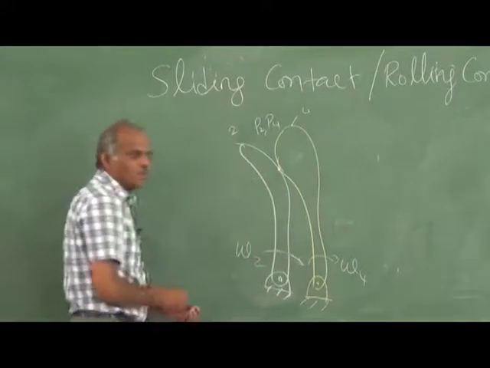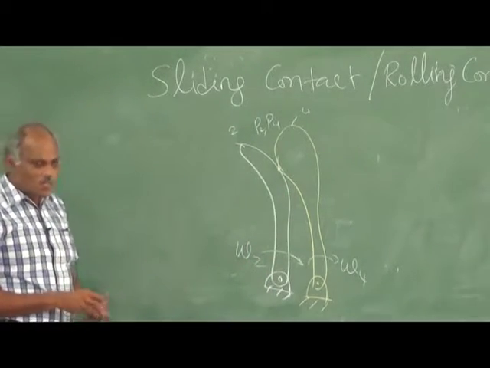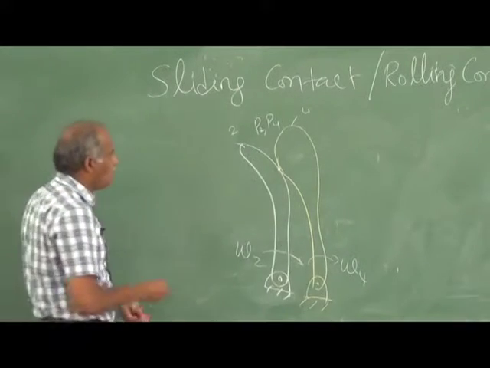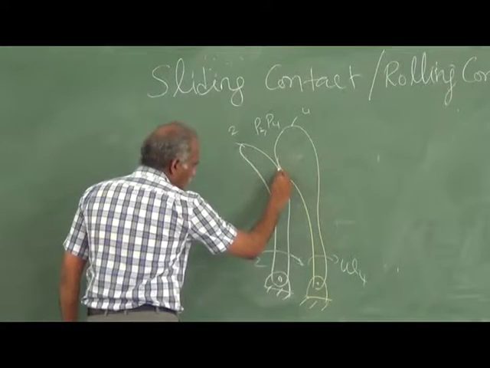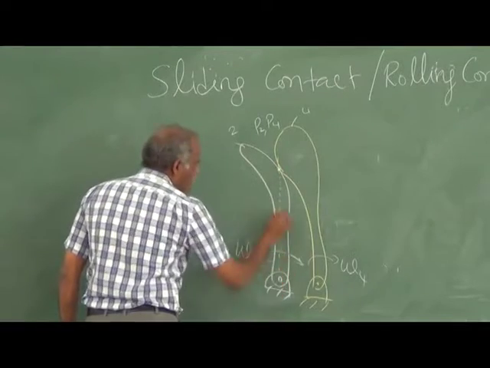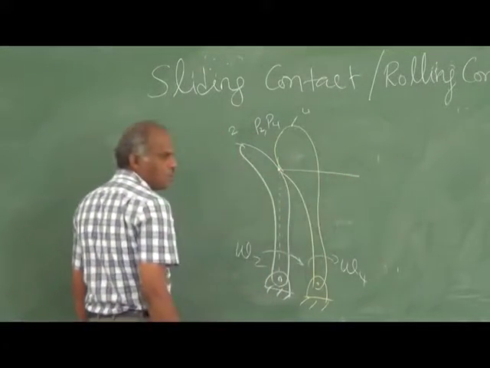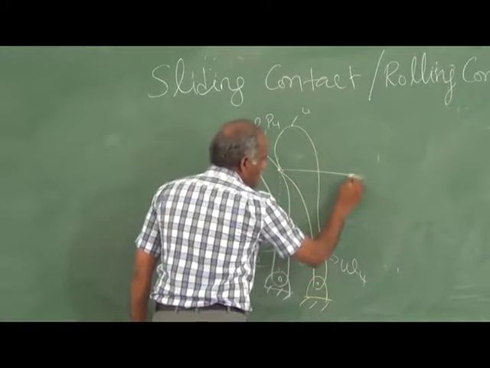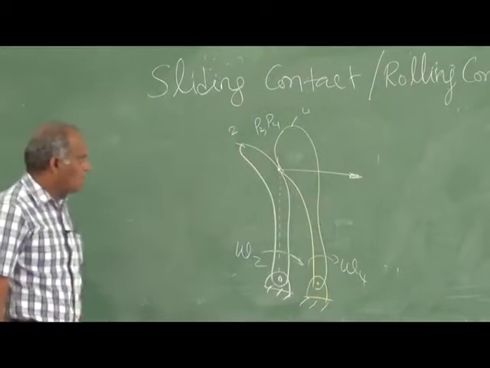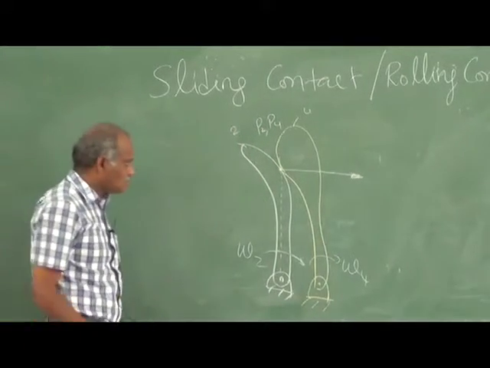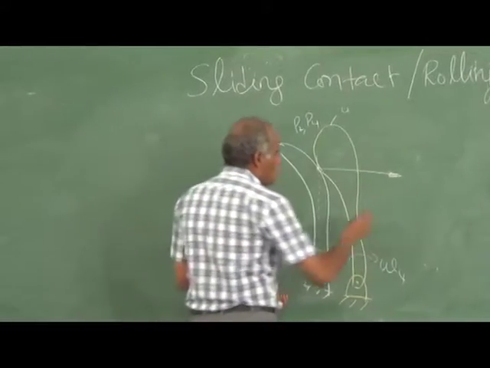Now if you draw the velocity of point P2, that will be perpendicular to the line connecting O2 to P2, and this is the velocity of P2.